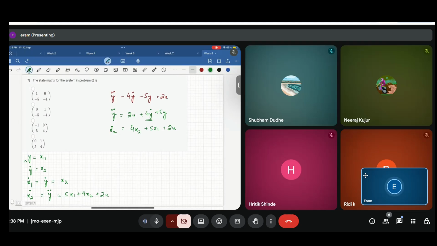Now from these two expressions for x1 dot and x2 dot, can you develop the state matrix?